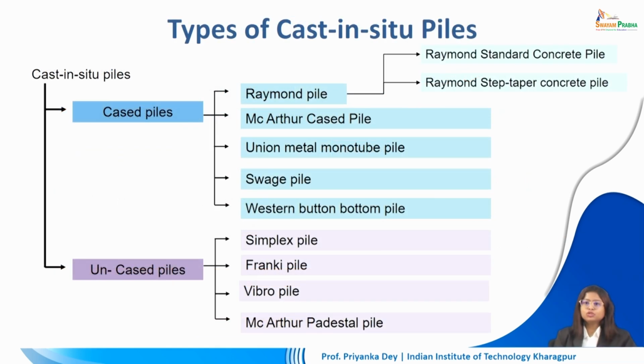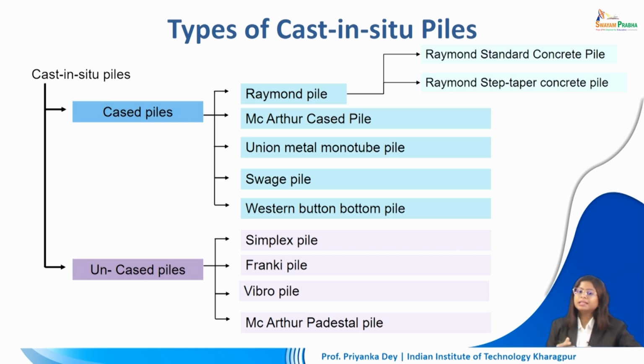Concrete cast in situ piles can be cased or uncased, as already mentioned. Just to recap the names quickly, the Raymond pile can be a Raymond standard concrete pile or a step taper. This is a very simple pile, slightly tapered in shape. The MacArthur cased pile is more straight in shape. The Union metal monotube pile, swage pile and western button bottom pile are the other types of cast in situ cased piles.